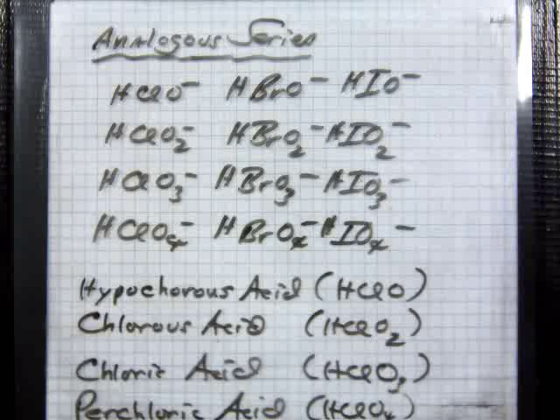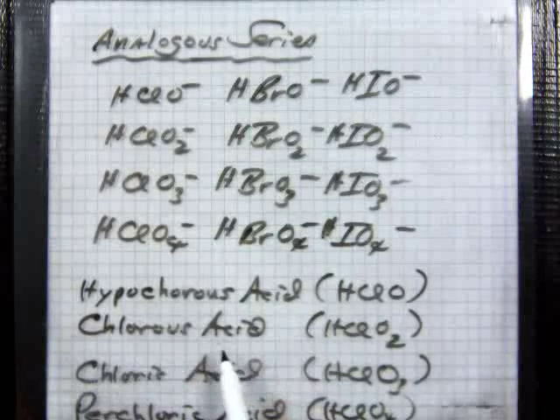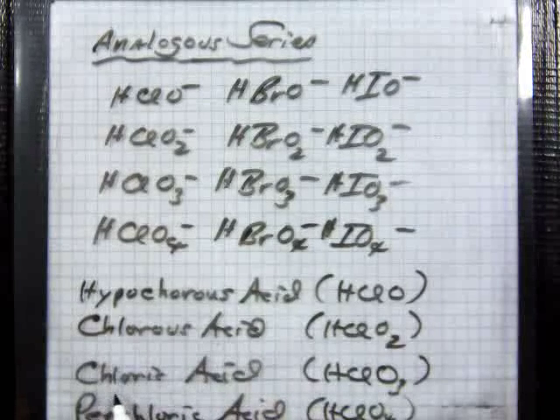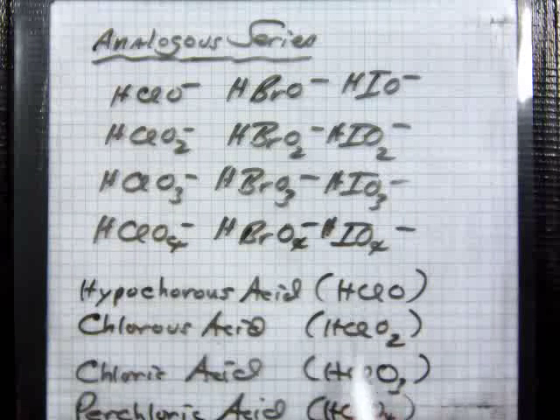But now you can change the halogen and name in the same sequence of naming. Hypobromous acid, bromous acid, bromic acid, and perbromic acid. And all you do is change the Br in here from chloride to bromide.